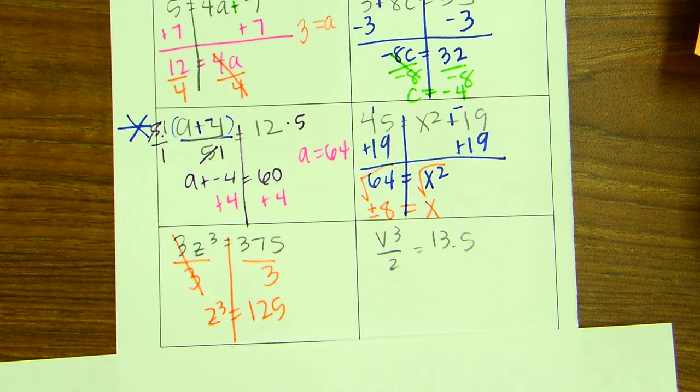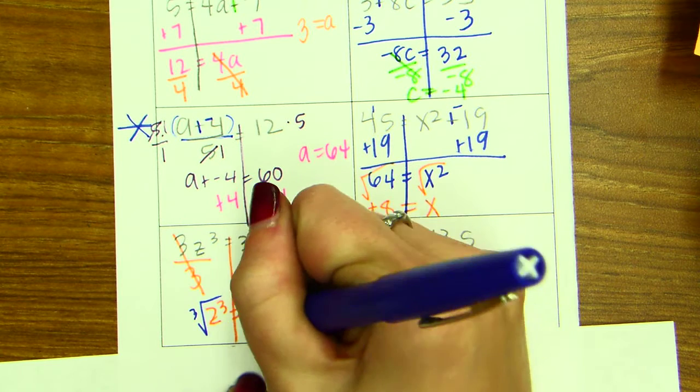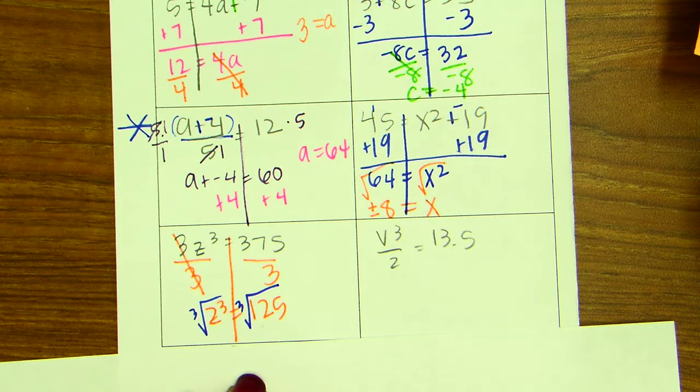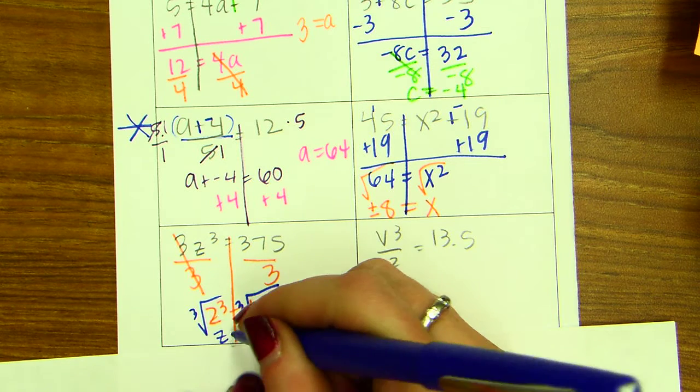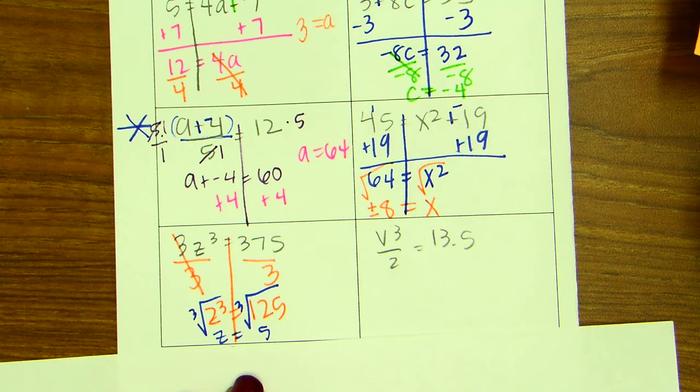Now I'm on step 3, undo exponents. So to undo exponents, we take the cube root. To undo cubing, we take the cube root. And so the cube root of z cubed is z. The cube root of 125 is 5. And now that z is alone, I'm finished.